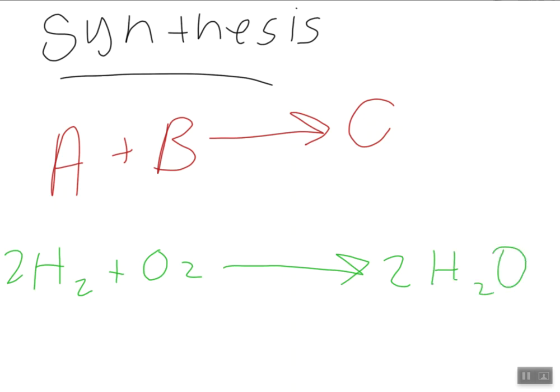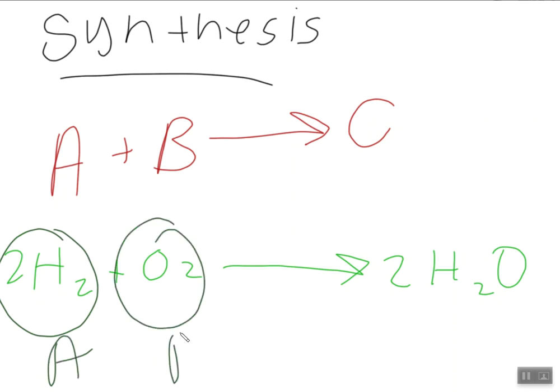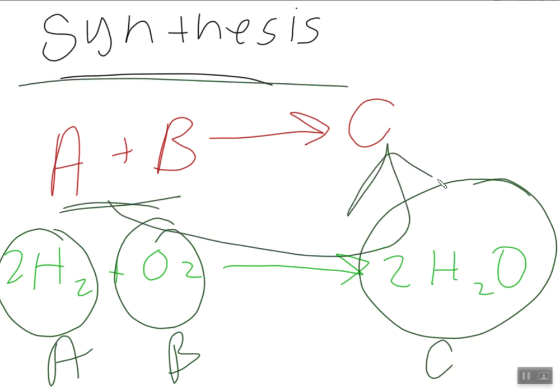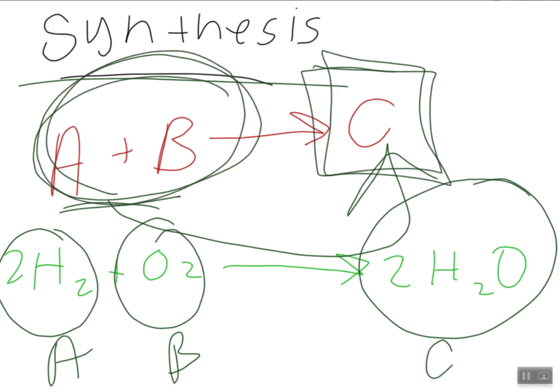So in this case, this would be your A, this would be your B, and this whole thing would be your C. So synthesis is when 2 things become 1. One thing is synthesized from 2 other items.